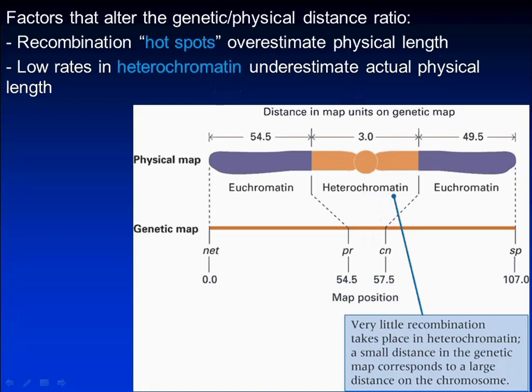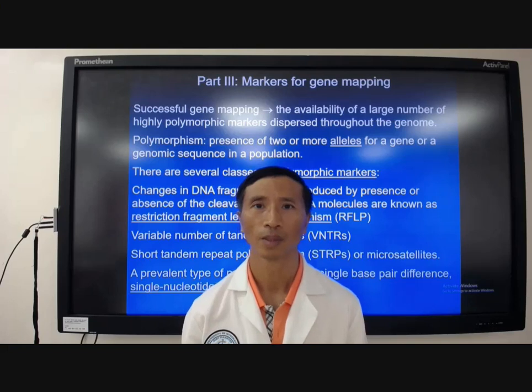These will underestimate actual physical length. As a result, these three regions are similar in size in the physical map, but they are very different in size in the genetic map.